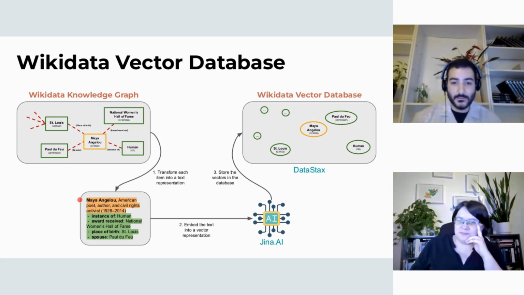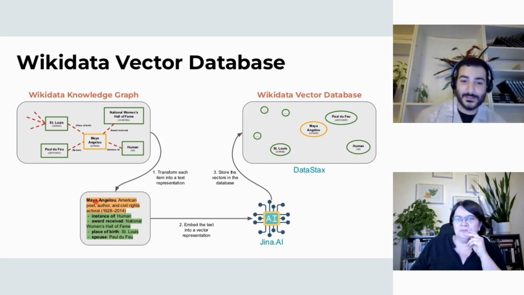And we found that if we transform it into more human-readable text rather than, for example, JSON or something else, that worked the best for us. One example right here looks almost like that. There's a better example on the project page, but you get the idea. So you have the label, description, and then the list of statements.